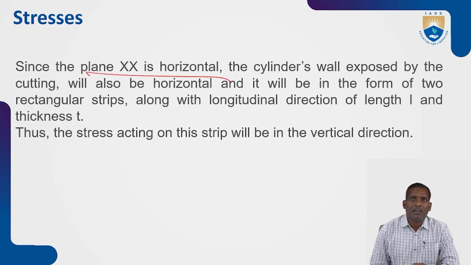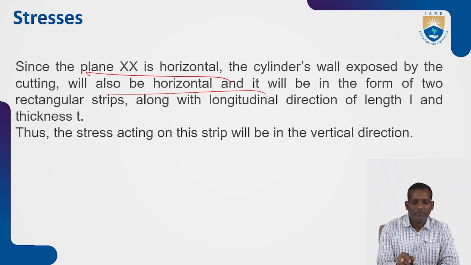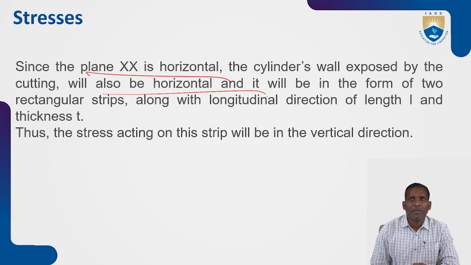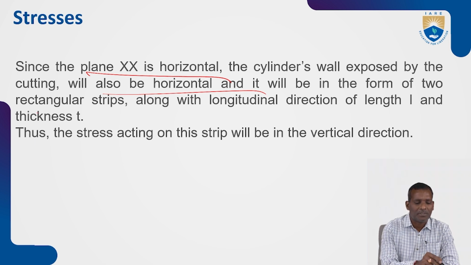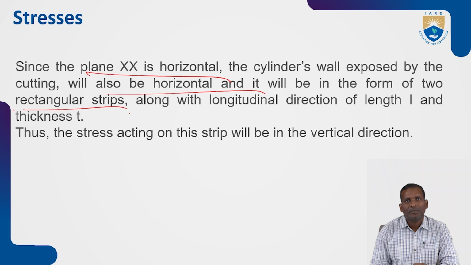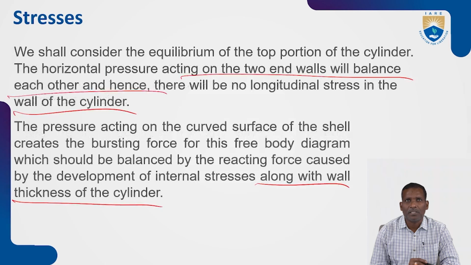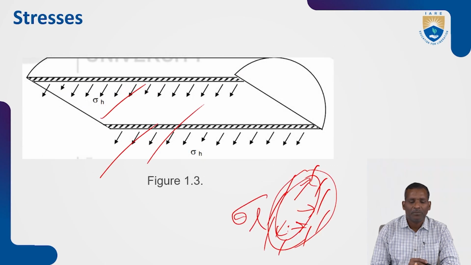The cylinder wall exposed by the cutting will also be horizontal, in the form of two rectangular strips along the longitudinal direction, of length L and thickness t, as shown in this diagram.